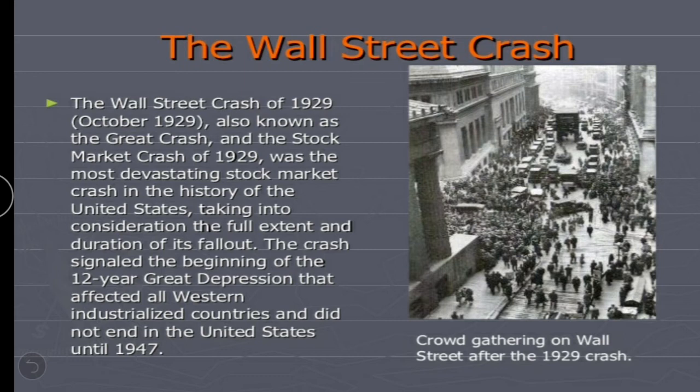Over the next 3 years, between 1929 and 1932, the national income of the USA fell by half, and on the whole, the factories were shut down, exports fell, farmers were badly hit, and speculators withdrew their money from the market.